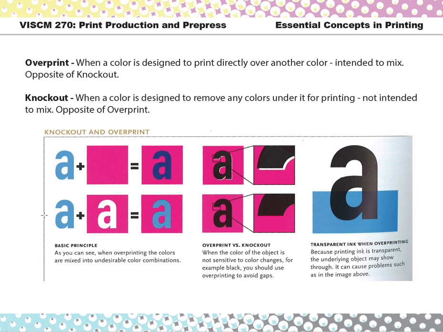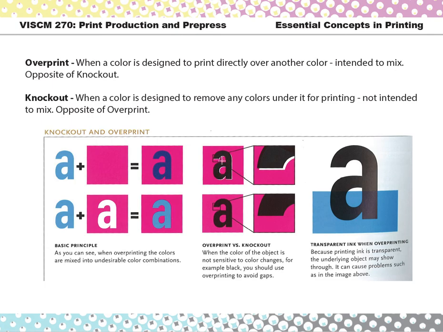That usually has to do with black lines, like 1-point or 2-point lines or smaller. Those are good to overprint because if they knock out, there might be a misregistration of color. For instance, if you have black text on top of a colored background, you want the black text to overprint because that reduces the chance of a misalignment.